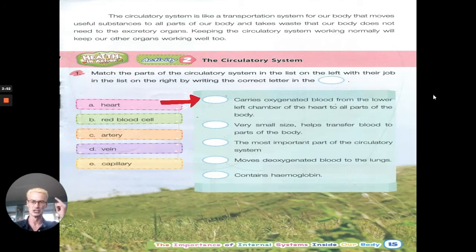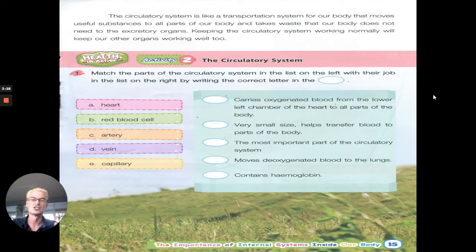And here we start thinking, teacher Sam was telling something about some part of our circulatory system that carries oxygenated blood from the lower chamber and somewhere else. What is that? And now we have the clue word. The clue word is oxygenated blood.